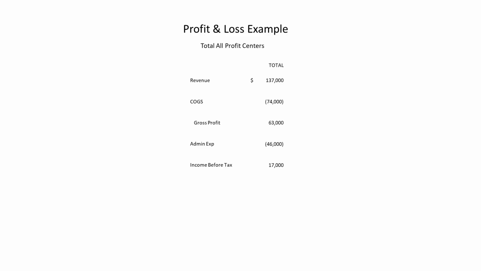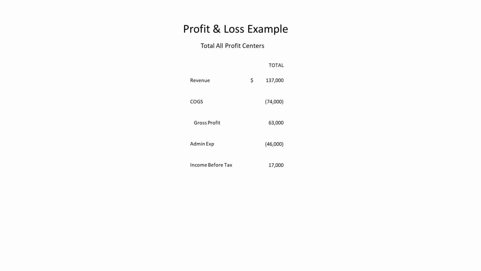Now, take a look at this first slide. This is an example of a profit and loss report. I summarized it, of course, for a particular month. So let's say that, ignoring all the other details, this is basically what you receive at the end of, let's say, March.